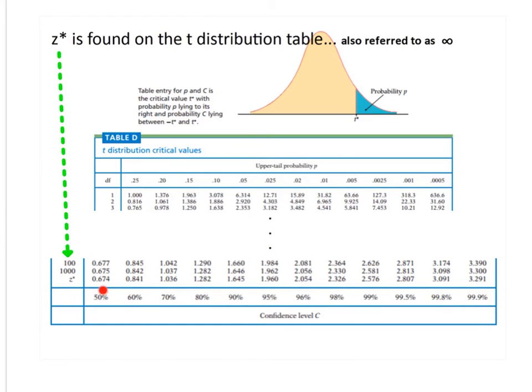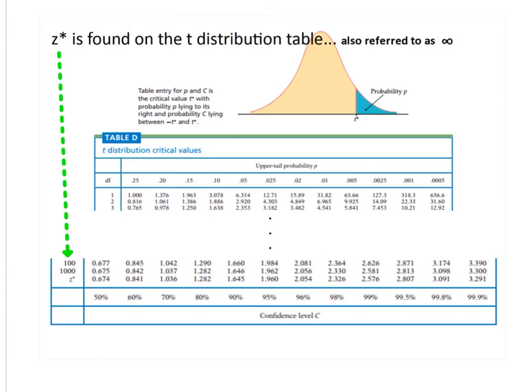You will never be asked a confidence level besides the ones that are on here. So you see 95%, the Z star is 1.960, 90%, Z star is 1.645. So I'm just going to plug in one of these numbers, and I'm going to choose the number that's associated with the confidence level that I want into my formula.